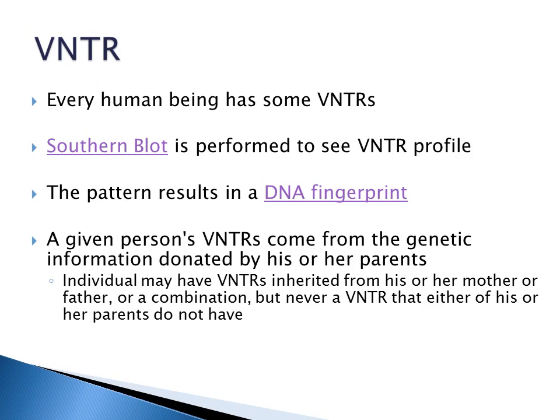The pattern that's going to result is what we refer to as a DNA fingerprint, and a given person's variable number tandem repeats come from genetic information that is obtained by the individual's parents. So he or she could have variable number tandem repeats inherited from his or her mother or father, or a combination.